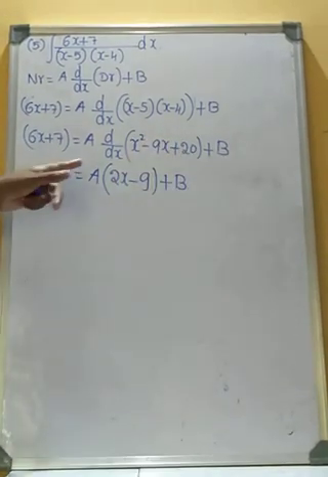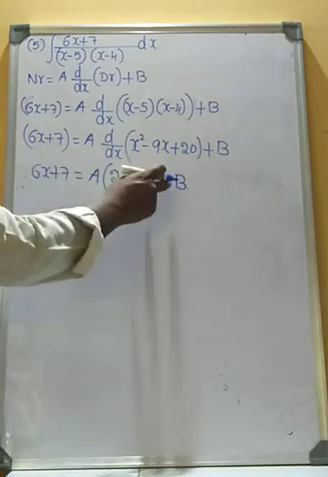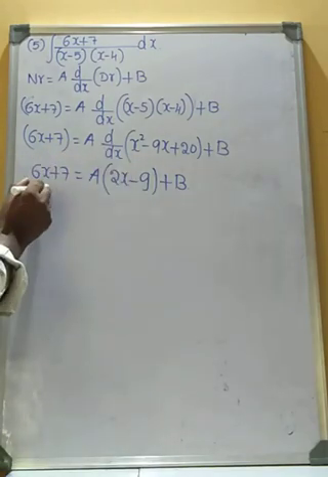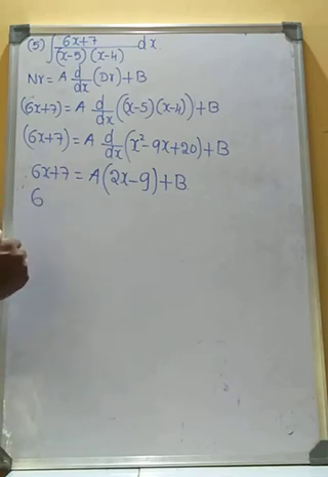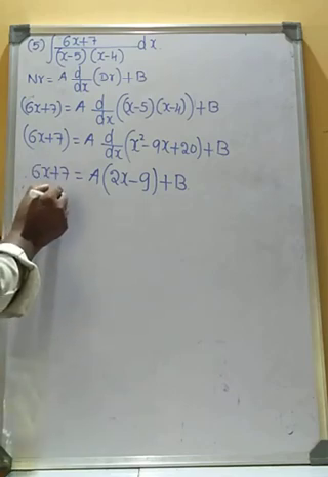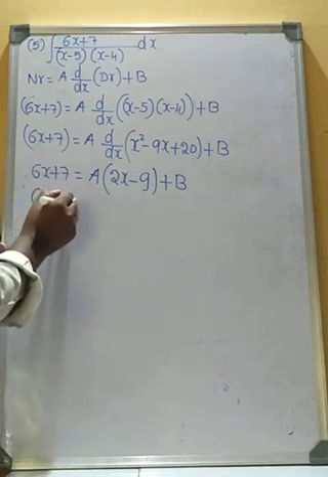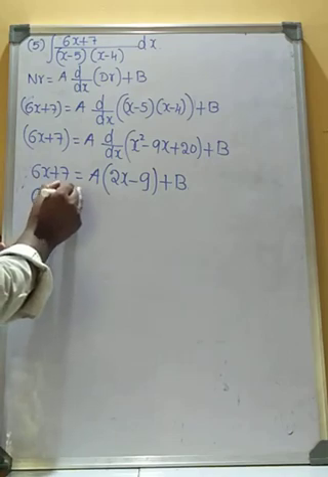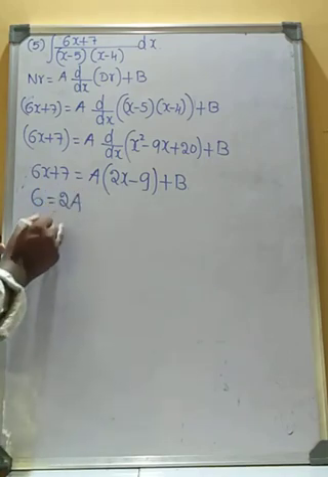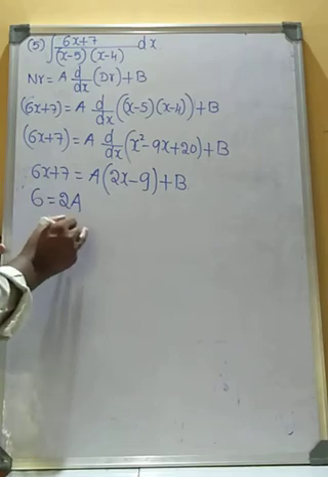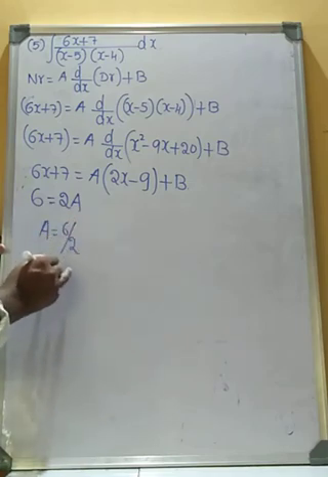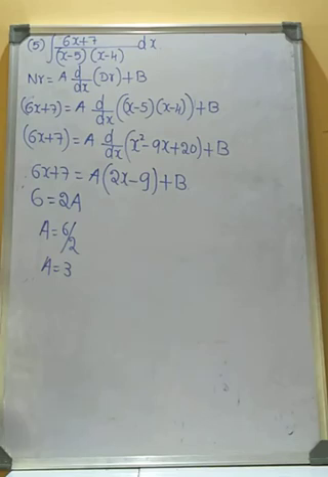Equating the coefficient of x and the constant terms from both sides. The coefficient of x: left hand side 6 is equal to right hand side 2 into a. Therefore, a equals 6 divided by 2, so a equals 3.